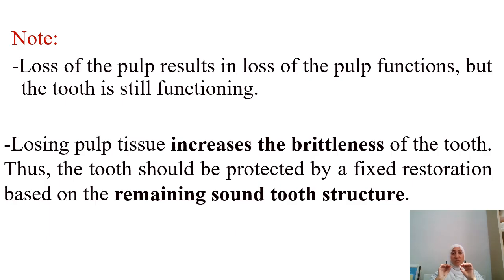Thus, the endodontically treated tooth should be covered by a fixed restoration, according to the remaining sound tooth structure. If we have proper remaining sound tooth structure, we can perform a restoration such as an endocrown, with no need for over-preparation of the tooth and forming a crown, and this will be discussed in the fixed prosthodontic department later on.